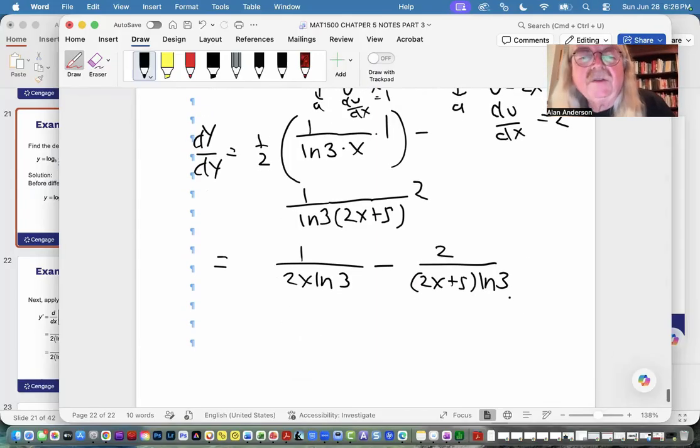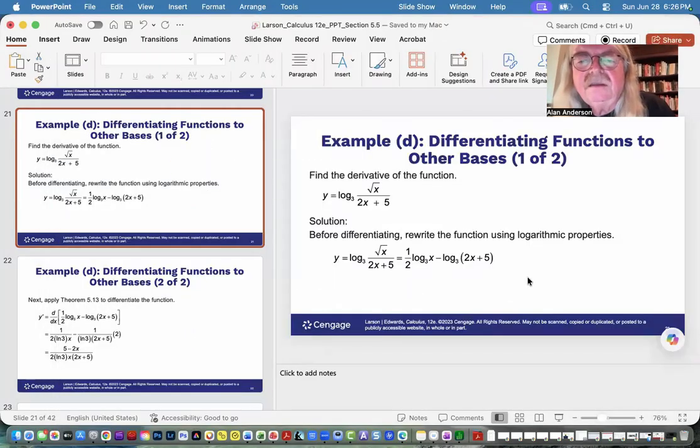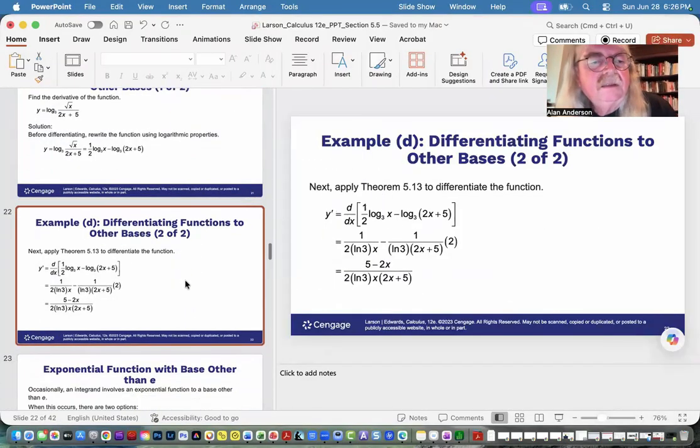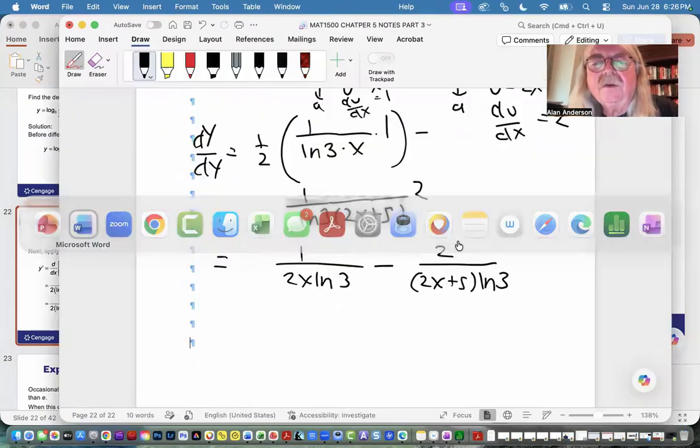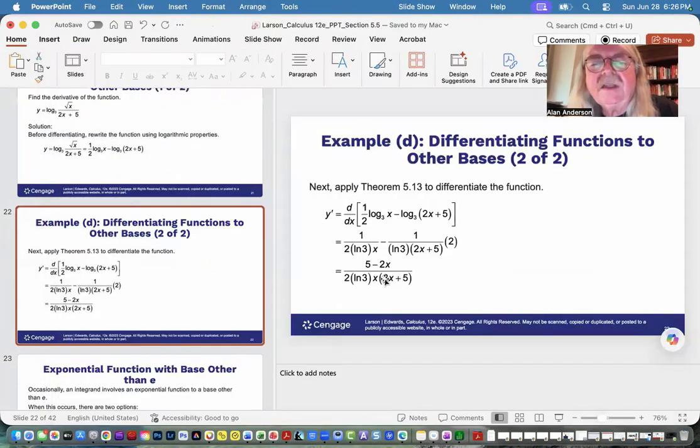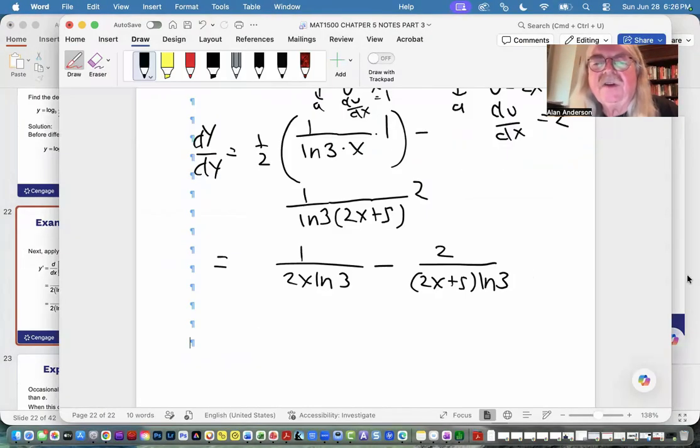I don't know if there's anything else we can do to simplify it. Oh, well, they decided, yeah, we're good. We got 1 over 2x log 3 minus 2 over log 3. So then they decided to simplify it like that. That's fine. We'll just leave it like this.